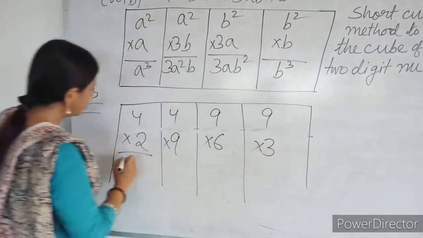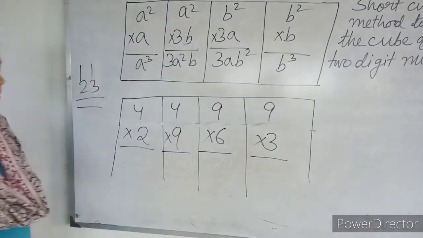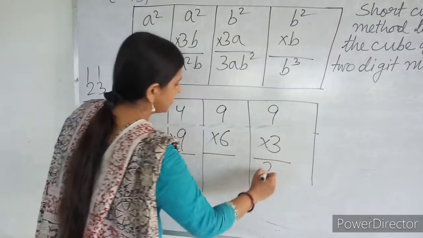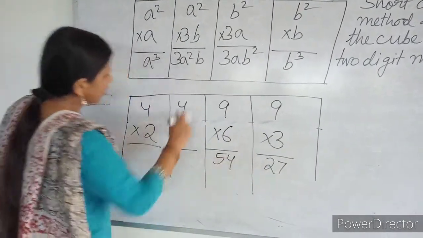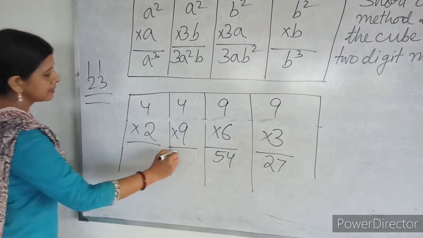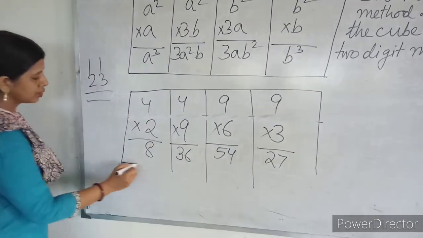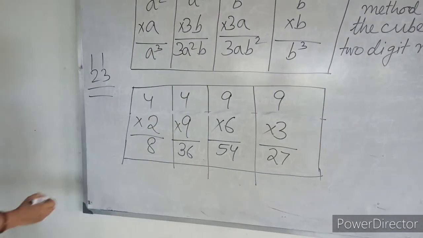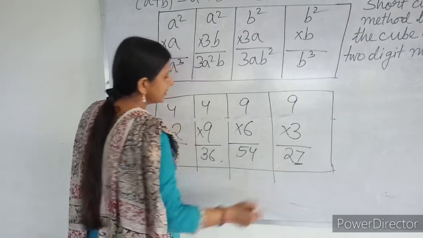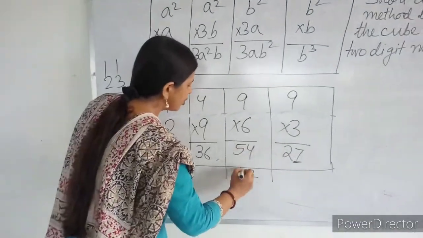So I am going to multiply all these numbers. 3 nines are 27. 6 nines are 54. 4 nines are 36. And 4 twos are 8. So this is all I got. Now what will be my answer? I am underlining this one. The number left here is 2, I will add 2 with this.